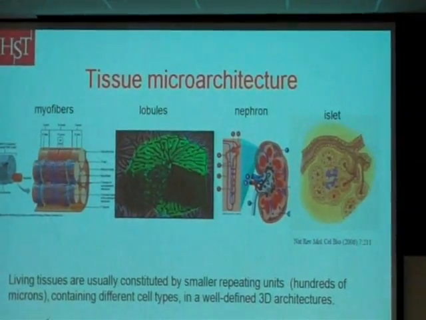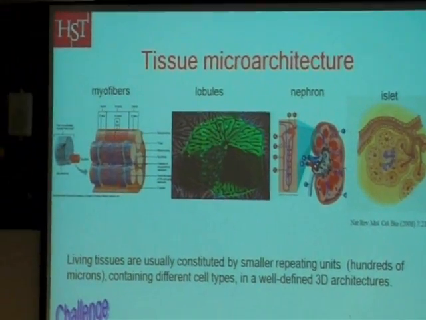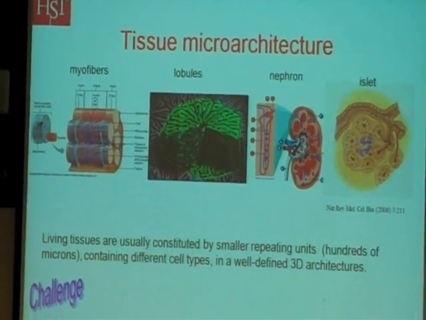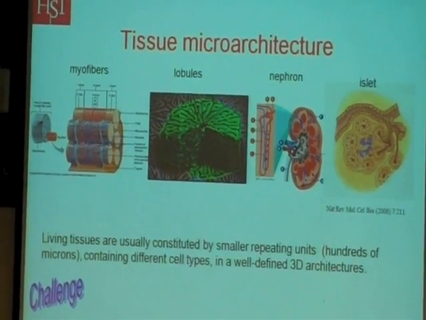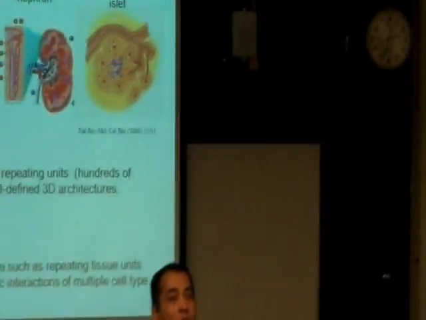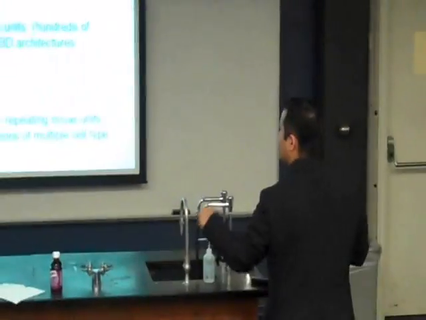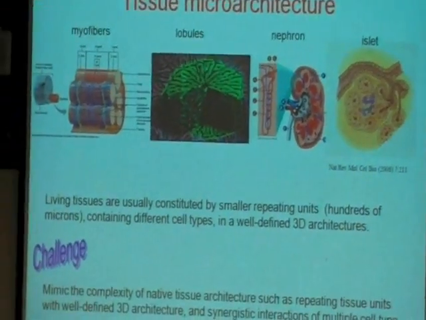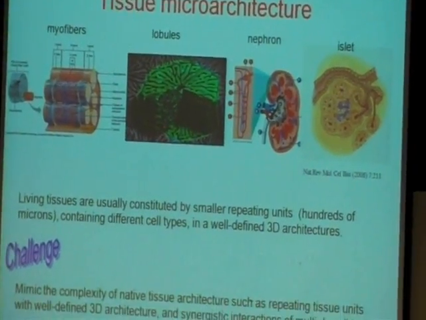So the fiber, for example here, the myofiber, can actually contract. And the way your muscle actually functions is that you have a lot of these fibers packed together to make the larger tissue. So we wanted to use this principle to make small building blocks and then assemble them together to get the larger tissue made.